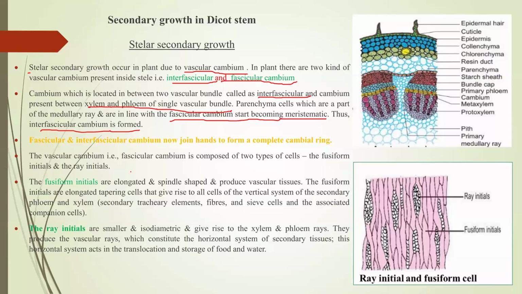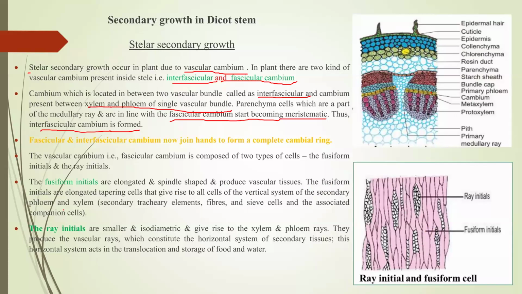The vascular cambium is composed of two types of cells: fusiform initials and ray initials. The fusiform initials are elongated and spindle shaped, and they produce the vascular tissue.